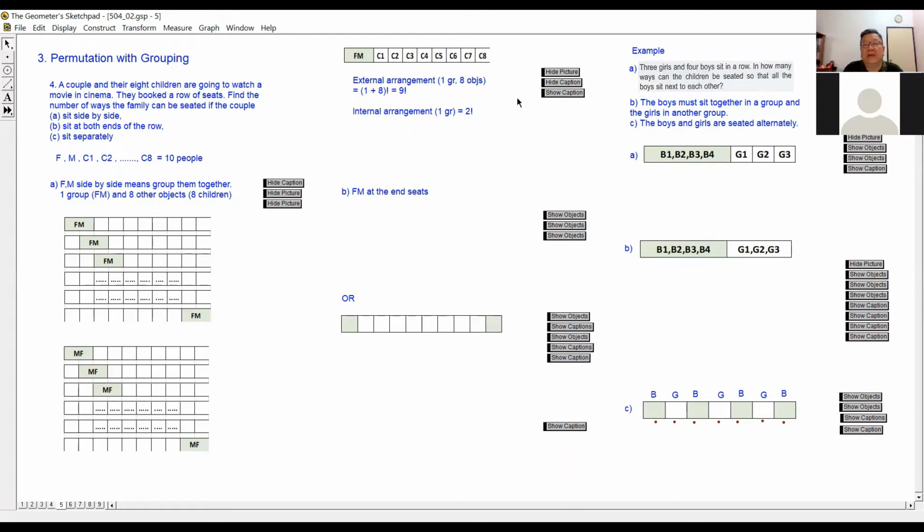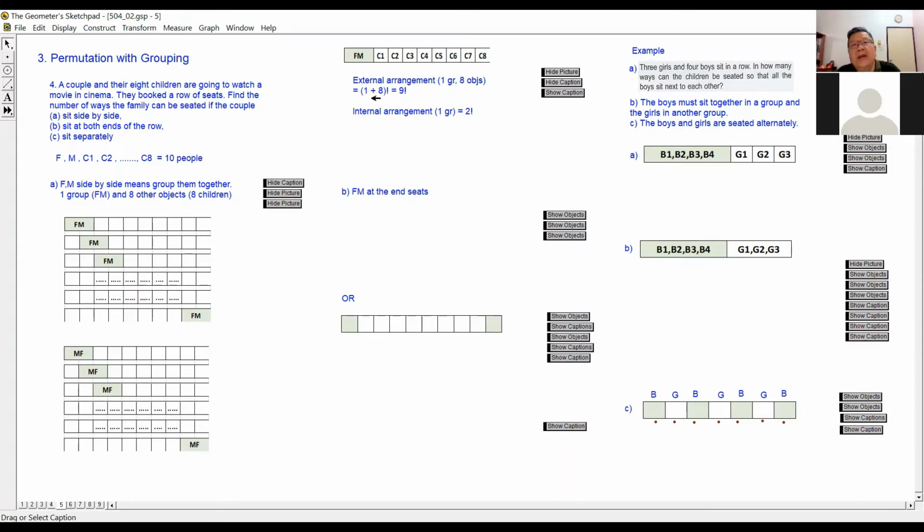nine things. 8 of them, they are children. Then one of them is a group. So 8 and one group. So how many things you want to arrange? 9 things. That is why I put down the external arrangement is 1 plus 8.